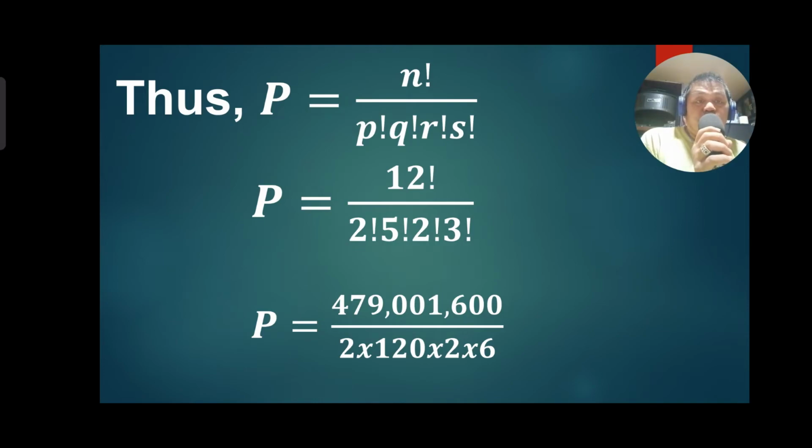So you're going to multiply 2 factorial times 5 factorial times 2 factorial times 3 factorial. We have 12 factorial is equal to 479,001,600 divided by, what is 2 factorial? It is 2. 5 factorial is 120. 2 factorial is 2. And 3 factorial is 6.